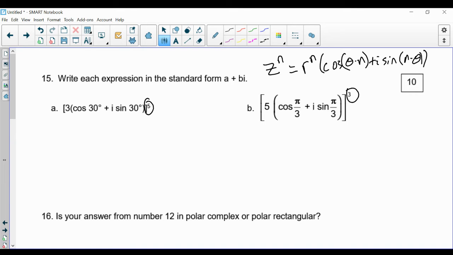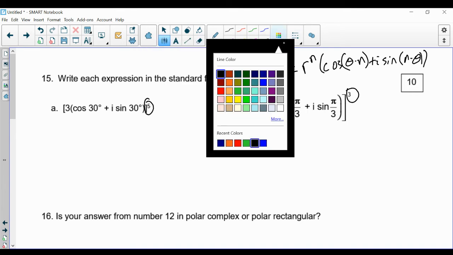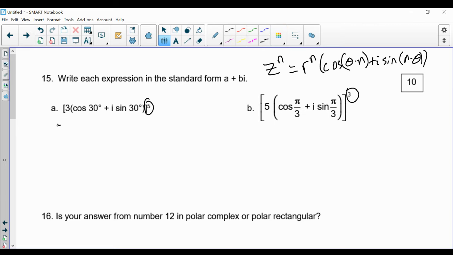Okay. So for this, we have them in polar form already. So now we just go ahead and apply the theorem. That means we're going to do 3 to the 5th, cosine 5 times 30 degrees plus i sine 5 times 30. And then evaluate.